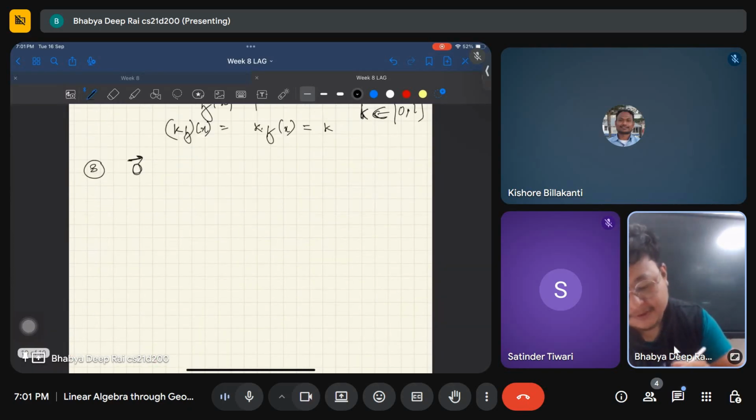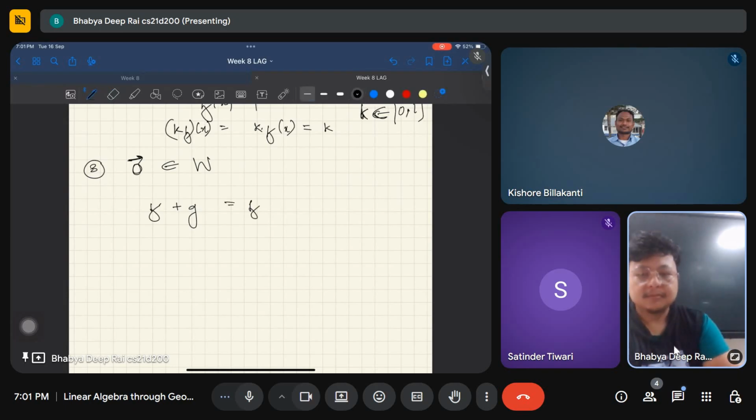You should be having a function G in W such that when you add it to F, you get the same function F. Then G will be your zero vector.